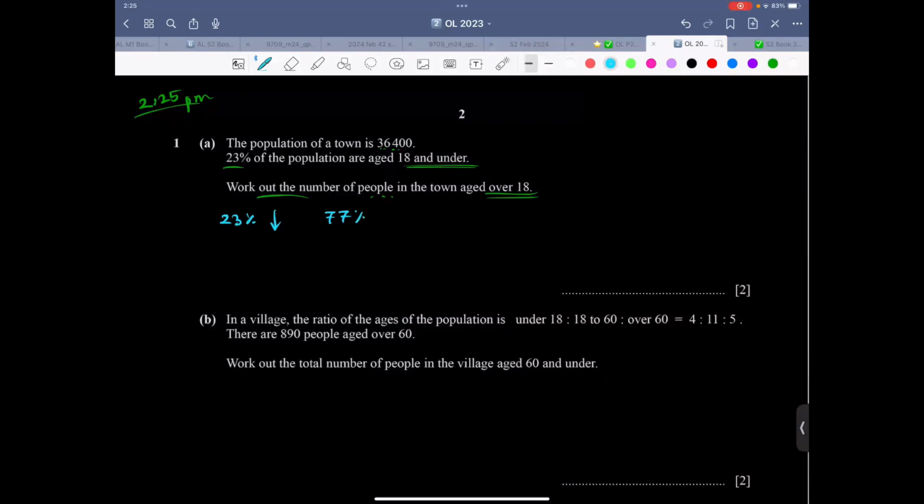Therefore, 77% are above a certain age. So we calculate 77% of the town population. So 77% of 36400. Naturally, we will use a calculator. And this value comes out to be 28028. We leave the answer in the exact form.